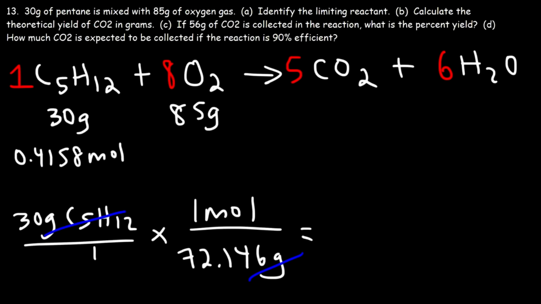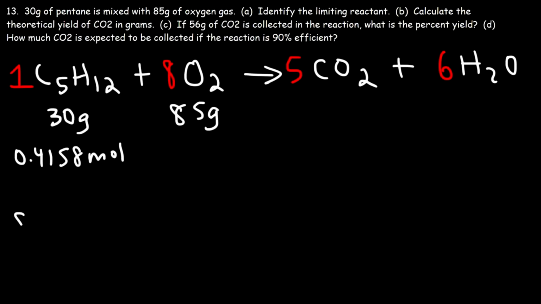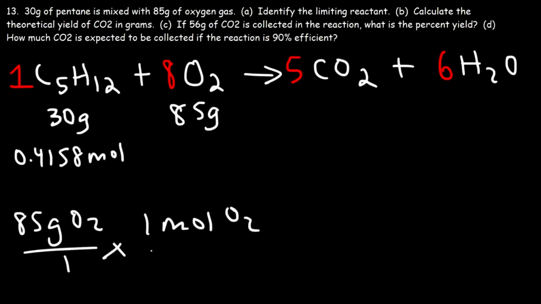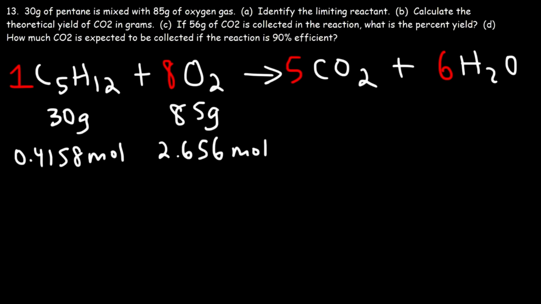Now let's do the same with O2. So we have 85 grams of O2, and the molar mass is still 32. So 85 divided by 32, that's 2.656 moles. So now let's calculate the mole per coefficient ratio.